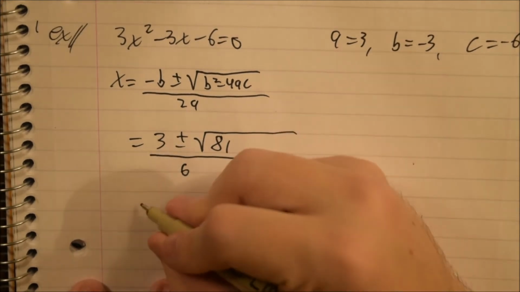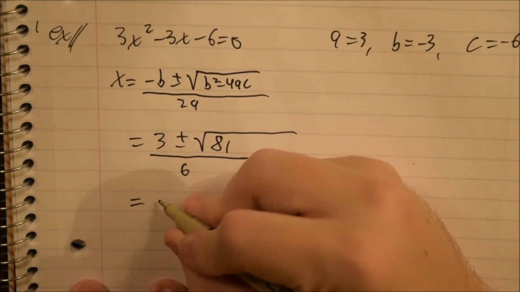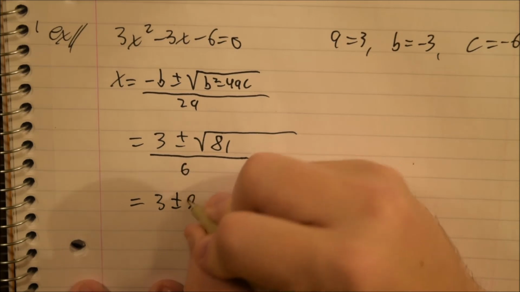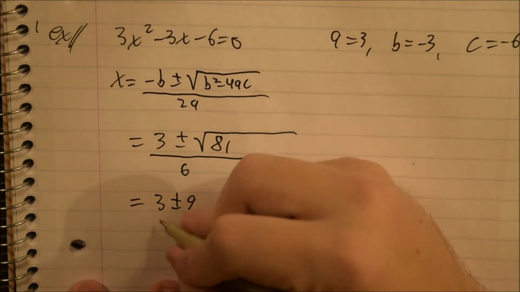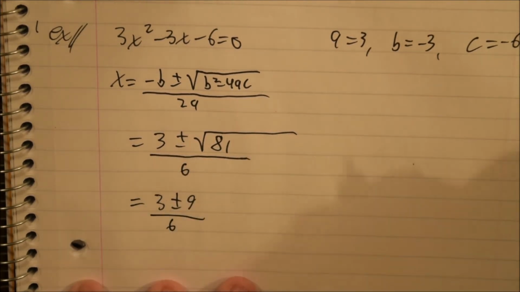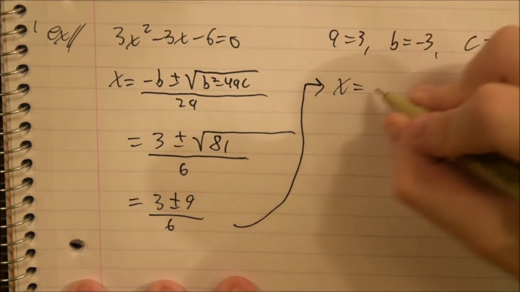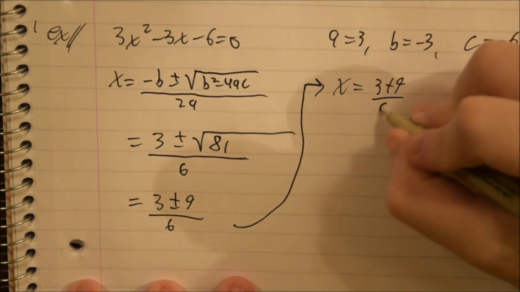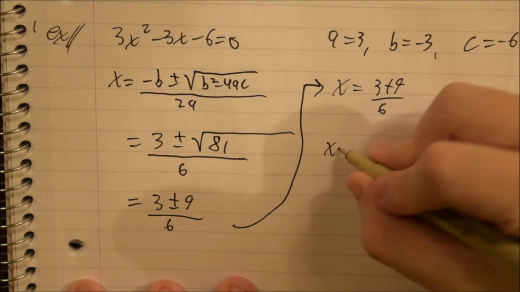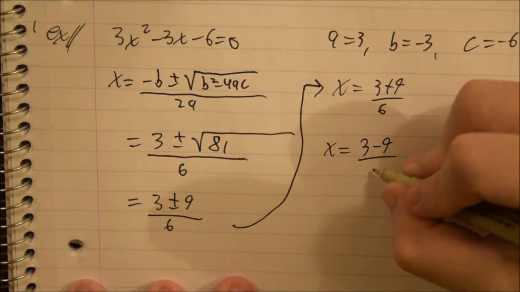So that's equal to 3 plus or minus 9 over 6, since the square root of 81 is 9. That gives me x is equal to 3 plus 9 over 6, and x equals 3 minus 9 over 6.